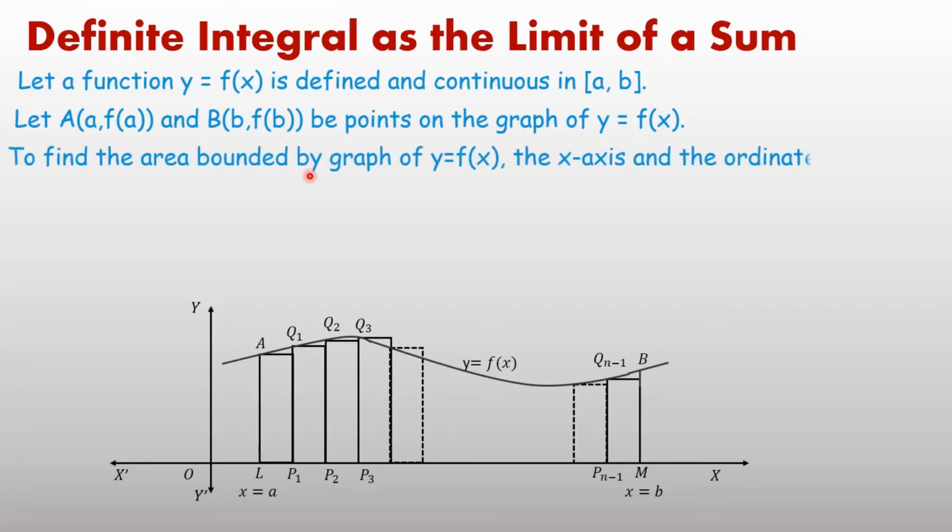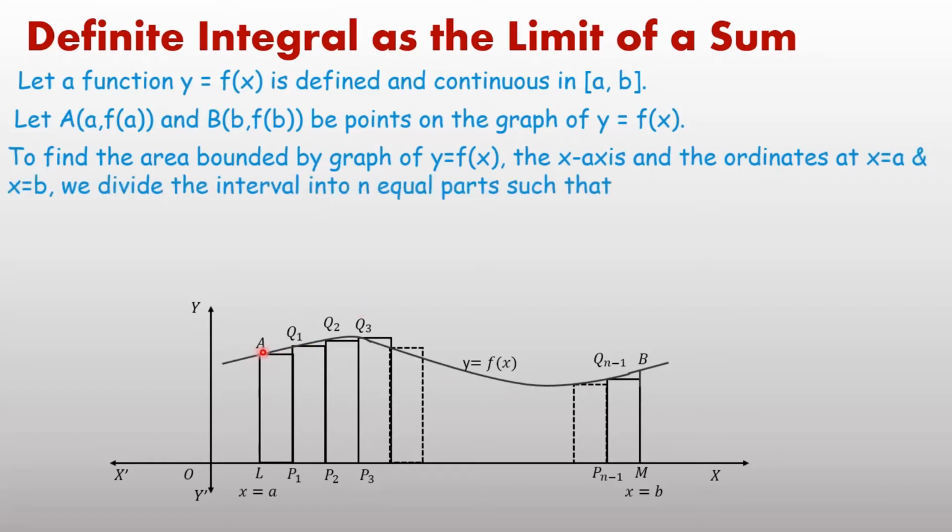Here the objective is to find the area bounded by the graph of the function y equal to f(x) and the x-axis from x equal to a to x equal to b. Means from x equal to a to x equal to b, between the graph and the x-axis we want to find the area.